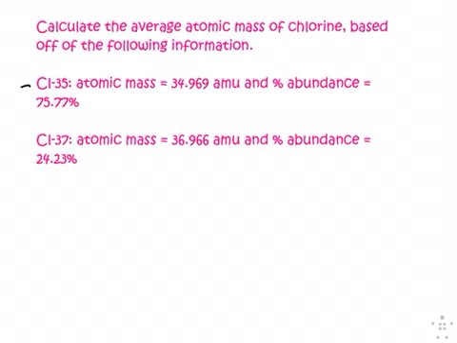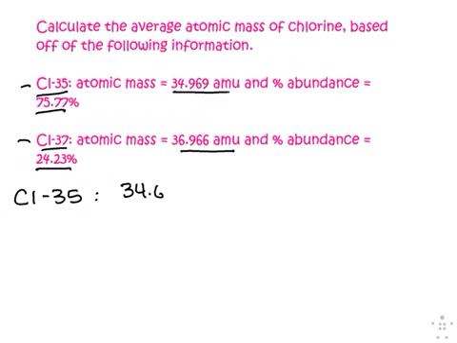So with this sample problem, we're working with chlorine, chlorine 35 and chlorine 37. It tells you the atomic mass of each and then the abundance. So for chlorine 35, in order to figure out the average, all you do is take the mass for that particular isotope, 34.969, and multiply it by its percentage, but you need to put the percent into decimal form.